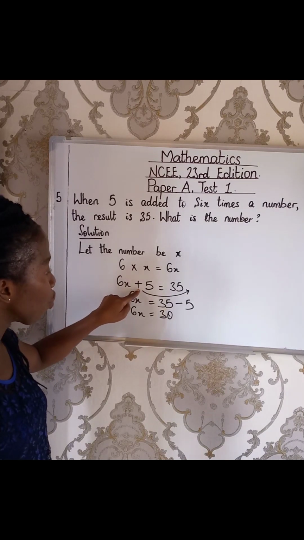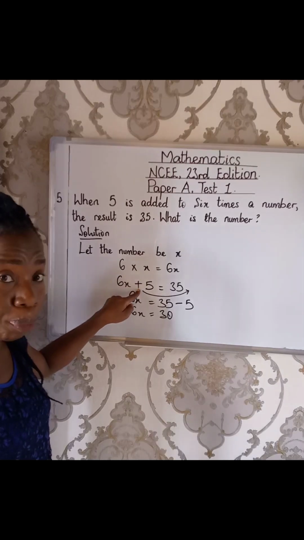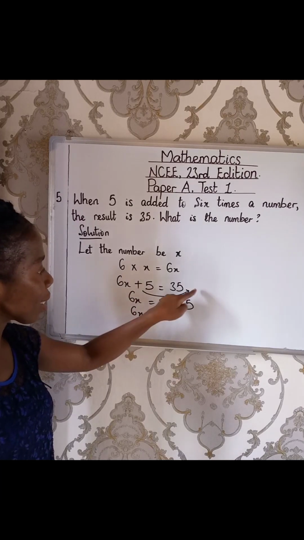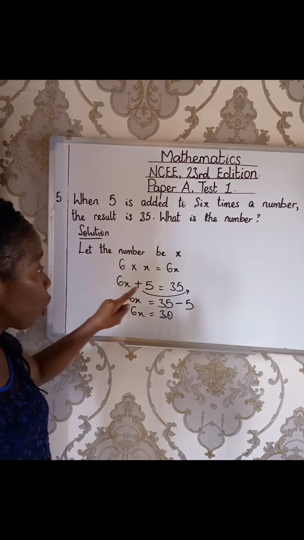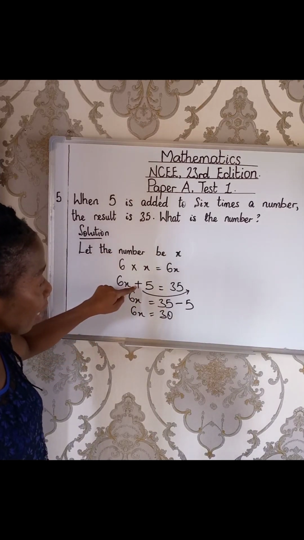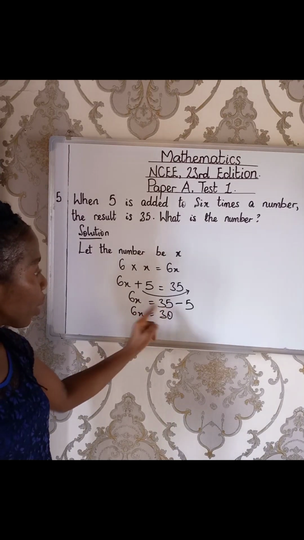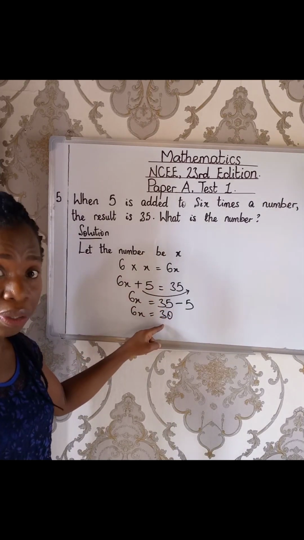This is attached to 6x by the plus, that's the addition sign. So when we put this to the other side, it changes to minus 5, because the opposite sign of the addition sign is the subtraction sign. So when it comes here, we now say 35 minus 5 equals 30.